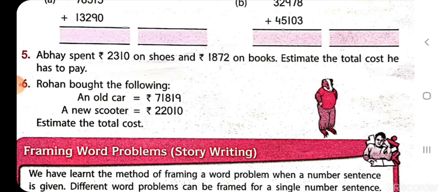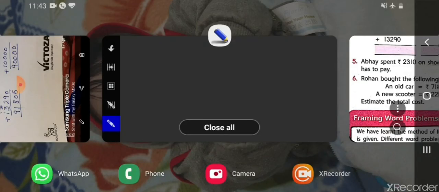As the first numeric value is 2310, nothing is given that you have to estimate to the nearest 100 or nearest 1000. What will you do in that case?